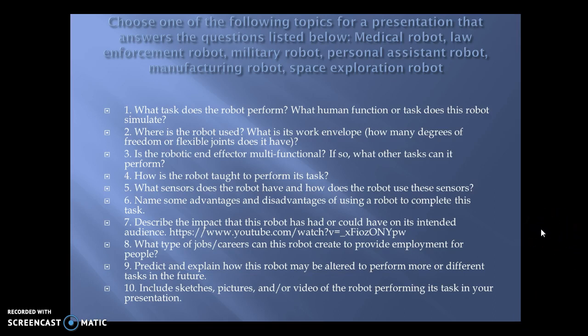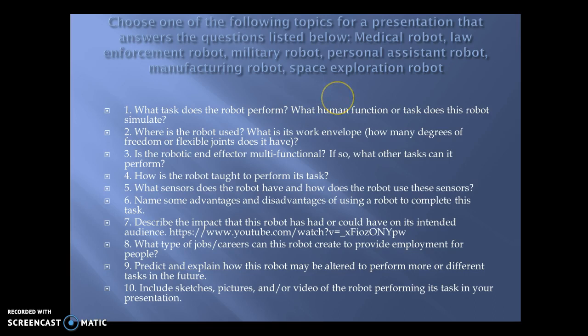For the guiding questions, the first is: what task does the robot perform? Sometimes the task is going to be a human function that the robot is going to simulate. Robots often perform dull, dangerous, dirty work, and one purpose of the robot is to alleviate the human hazards associated with that type of work.